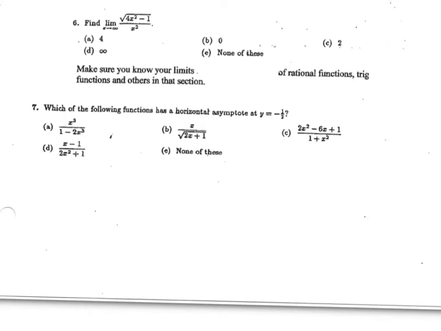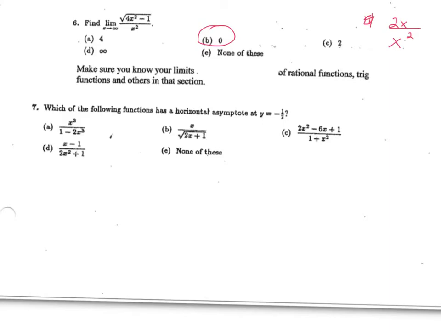We really have a situation where we have the square root of 4, which is 2x over x squared. And since the degree on the bottom is bigger than the degree on the top, we would have a horizontal asymptote at y equals 0.